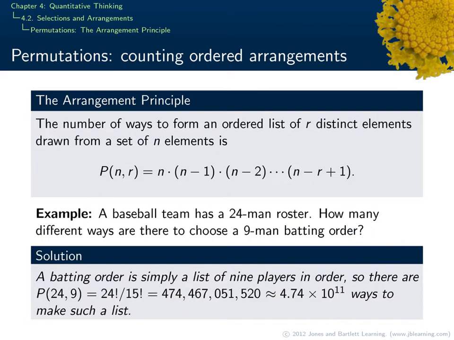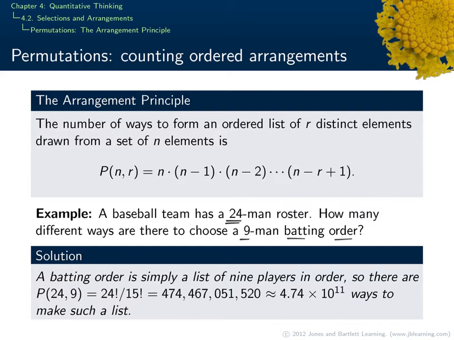Okay, here's a classic example of the arrangement principle in action. We have a baseball team, and it has 24 people on the team, and we want to choose a batting order, a 9-person batting order from this set of 24 players.